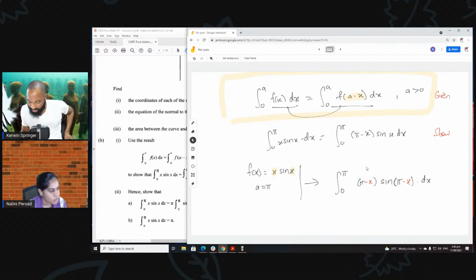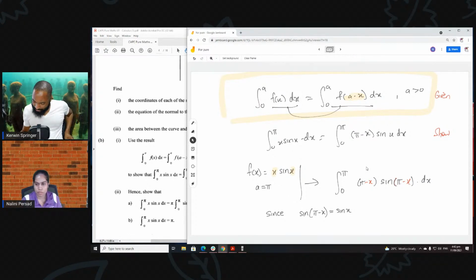So it's a 2 marks question, and we kind of reached the end already. We're done because sine of pi minus x is the same as sine of x. For that first quadrant there, sine is a mirror of itself, pi minus 90 minus x.